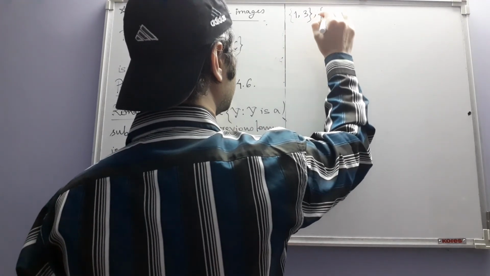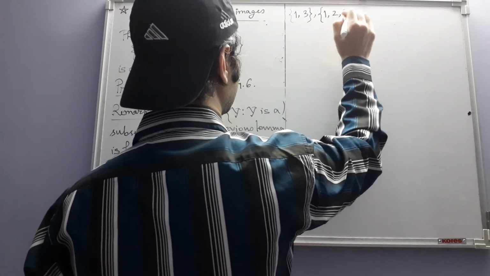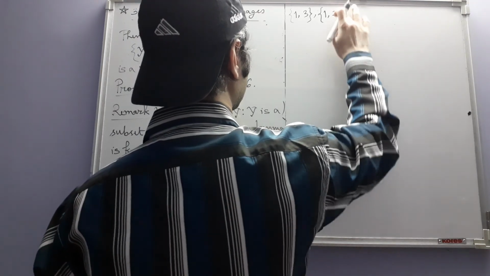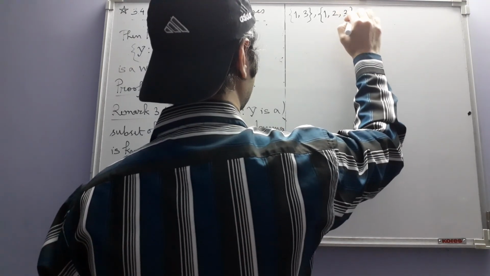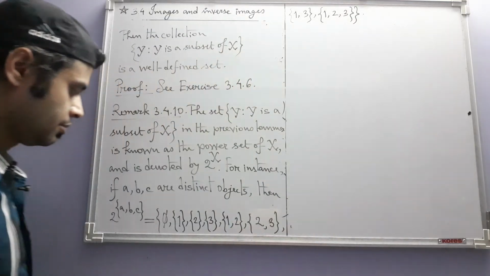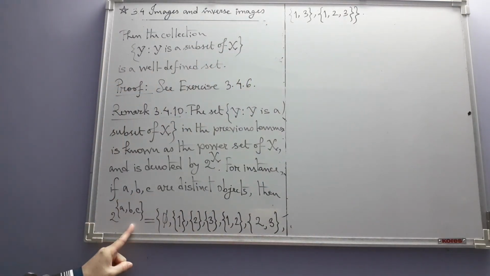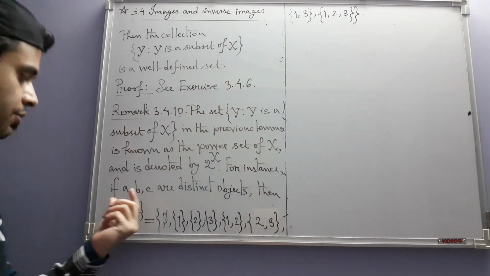And then finally the set itself, because that is also a subset of itself. So this is the power set of this set. Okay, all the subsets of this set are available.